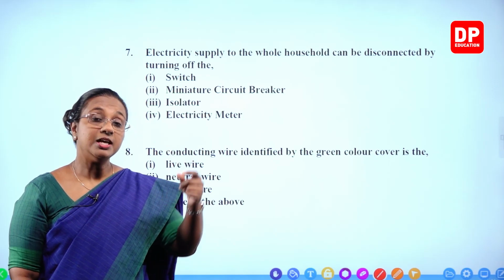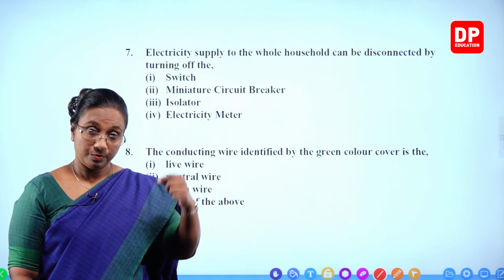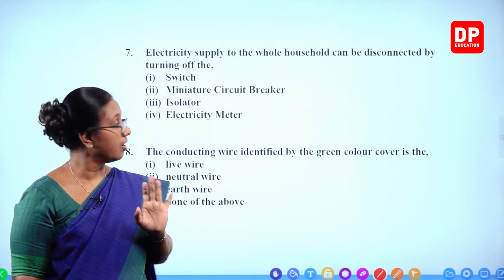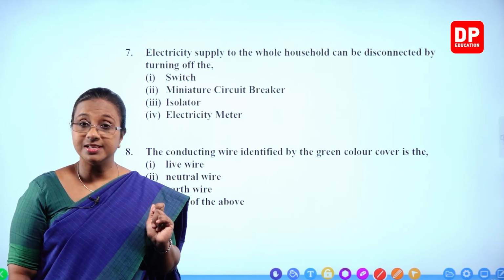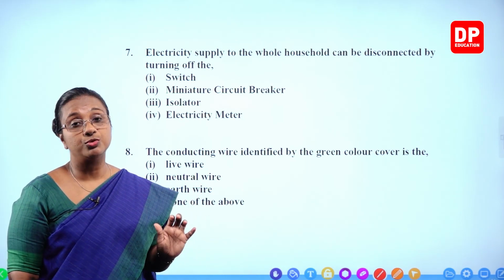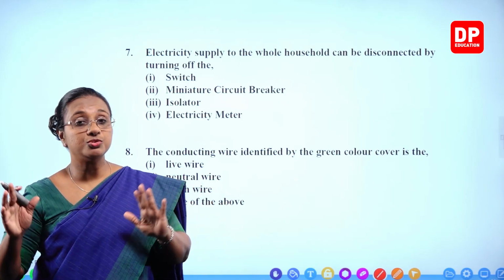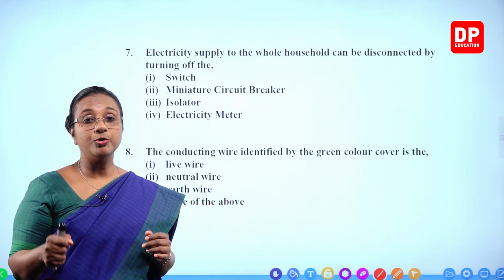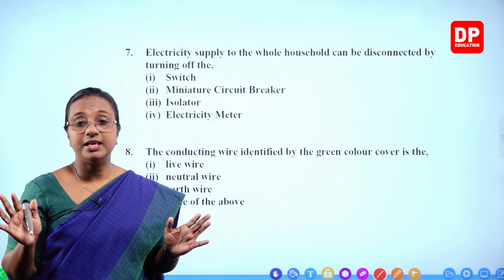There is a lever. If you pull the lever down, it will disconnect the electricity supply to the household. Then we have the isolator. Isolator is the main switch having the main fuse. That also can be used to turn off the power supply to the whole household. Again, you pull the lever down, then it is off.